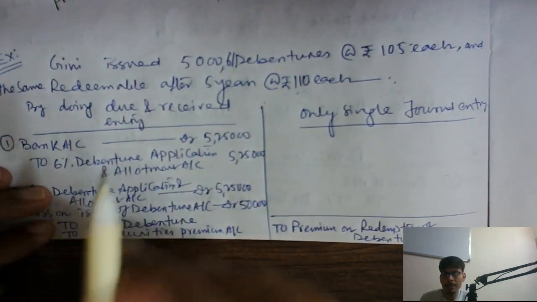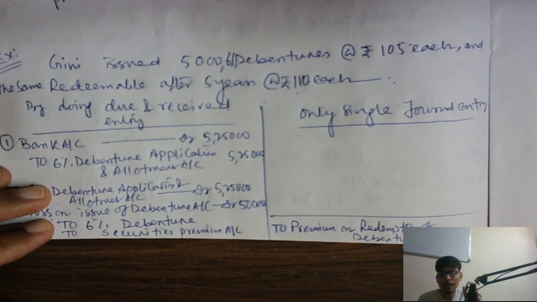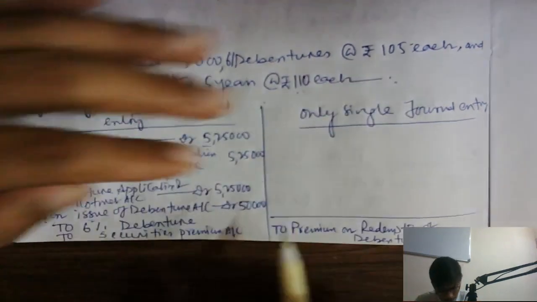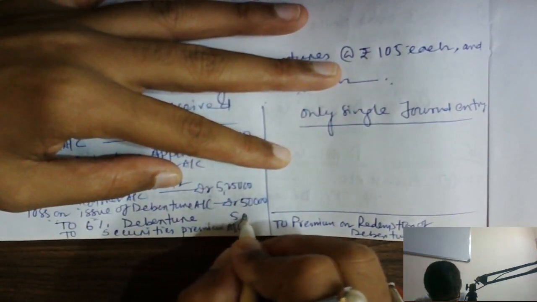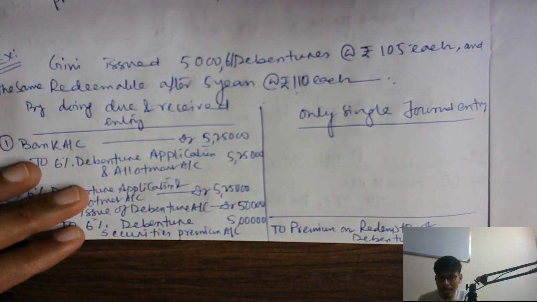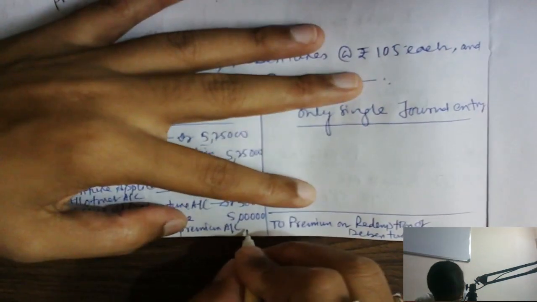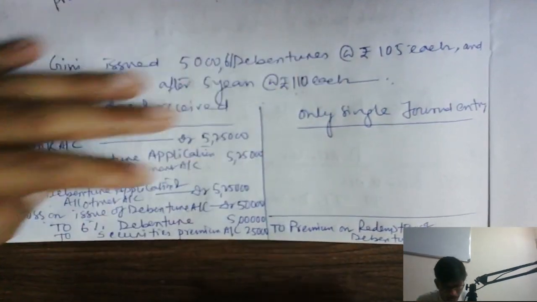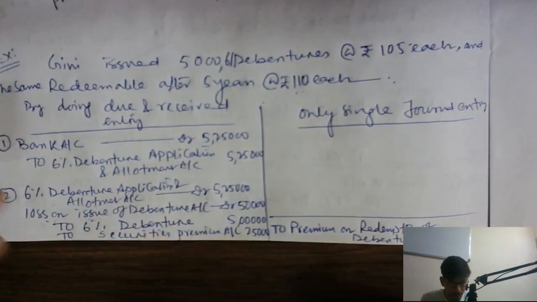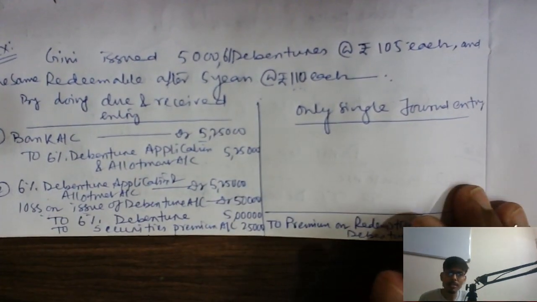Capital is 5,000 into 100, that is 5 lakh rupees, as the capital amount is on the face value. The securities premium at the time of issue is 5 rupees into 5,000, that means 25,000. And the premium on redemption is 50,000. See, it's matching: 5,75,000 debit, 5,75,000 credit.